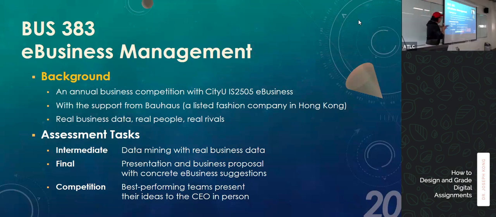Now, what are the corresponding assessment tasks that I have included in this course? We have a data mining stage, where some students may use AI to help them do some analysis. But very importantly, the AI can only tell you what the data shows or what had already happened, but not why it is happening.